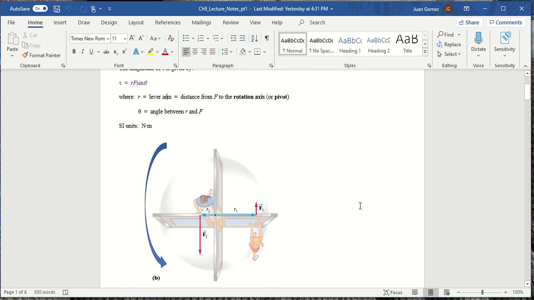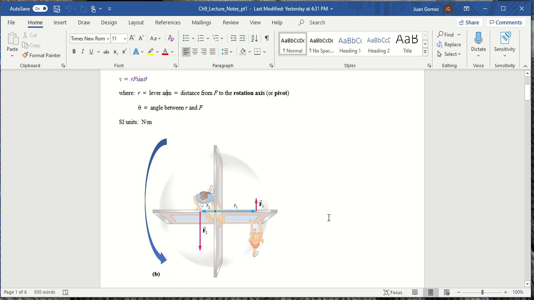Well, let's look at what this means. We won't worry about any numbers just yet. Here's an overhead shot of a revolving door. And the door is pivoted to rotate about an axis indicated by this black dot right in the center. Okay, so that's our pivot, or that is our rotation axis.